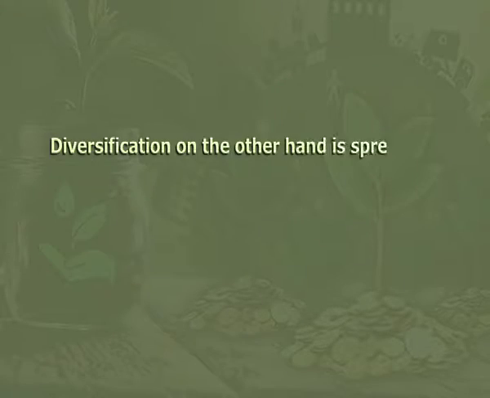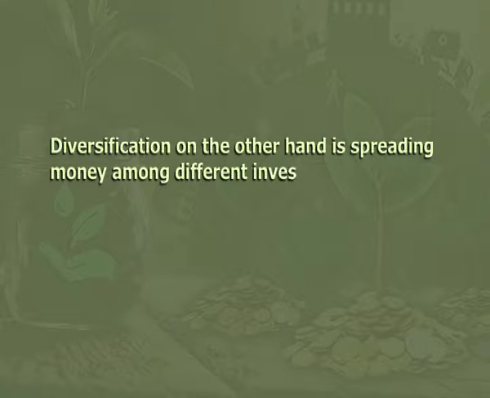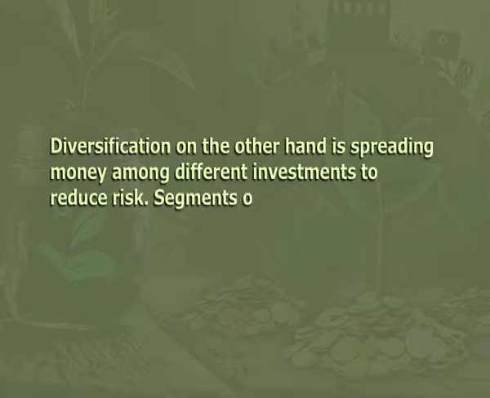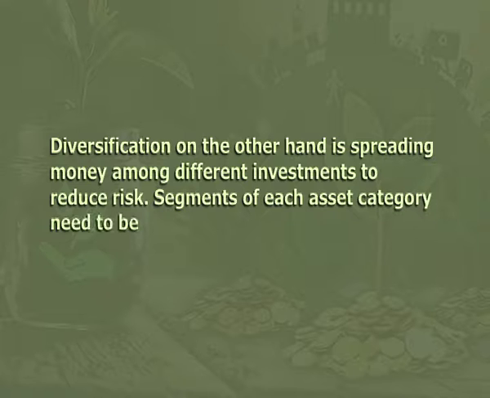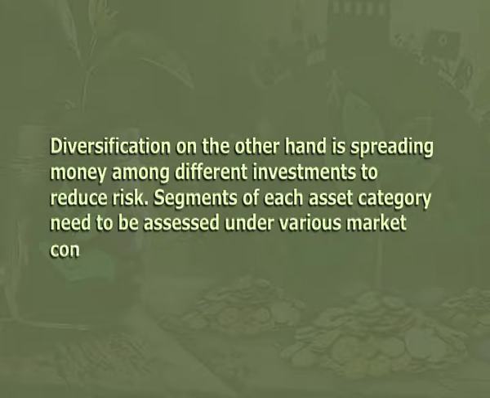Diversification, on the other hand, is spreading money among different investments to reduce risk. Segments of each asset category need to be assessed under various market conditions. Asset allocation is not necessarily diversification. Across assets and within assets, the money needs to be spread so as to minimize risk.